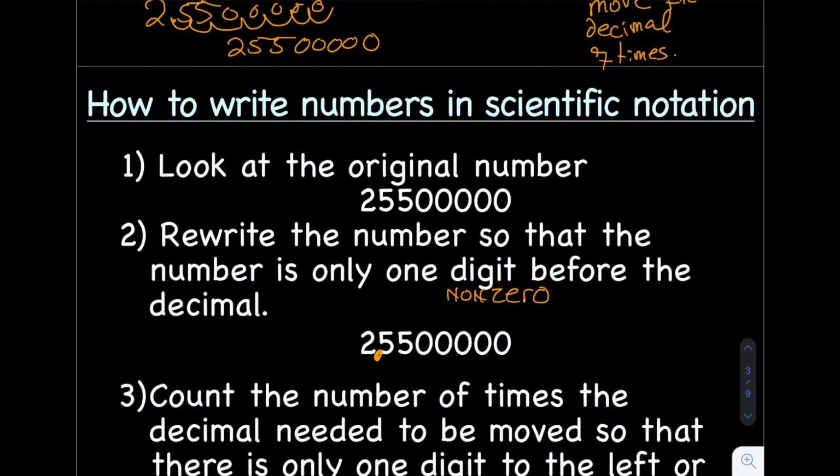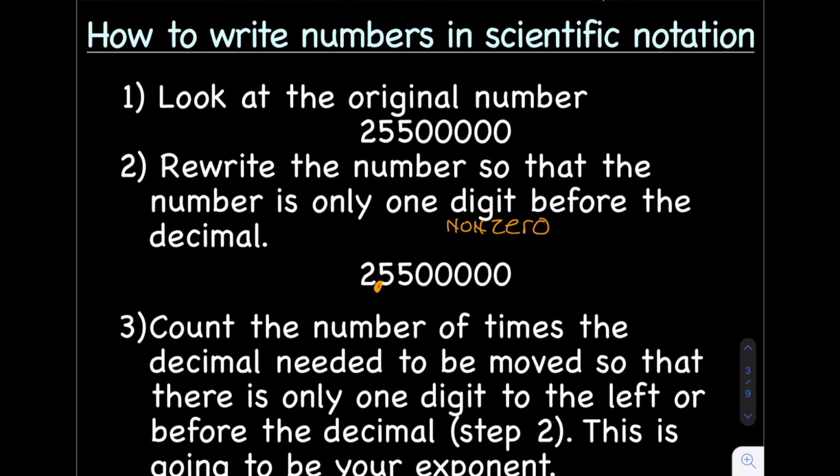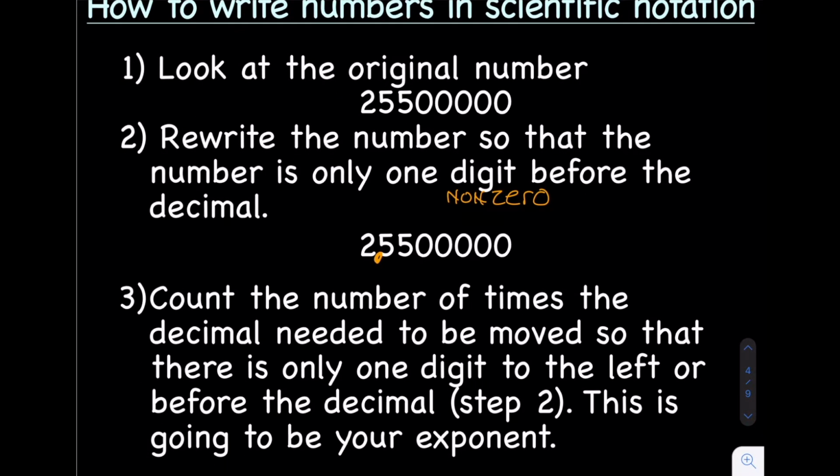The next step is to count the number of times the decimal needed to be moved so that there is only one digit to the left of or before the decimal. This is going to be your exponent. If you have a number with no decimal, remember an invisible decimal is behind it. That's where your invisible decimal goes.